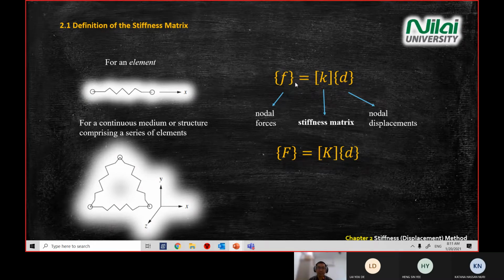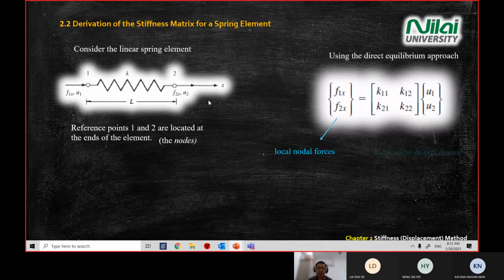D is the displacement. K is the stiffness. F is the force acting on the spring. And again, this spring is just a free body diagram that we extract from maybe an aluminum bar or a medium or a structure that is able to stretch and act as a spring.